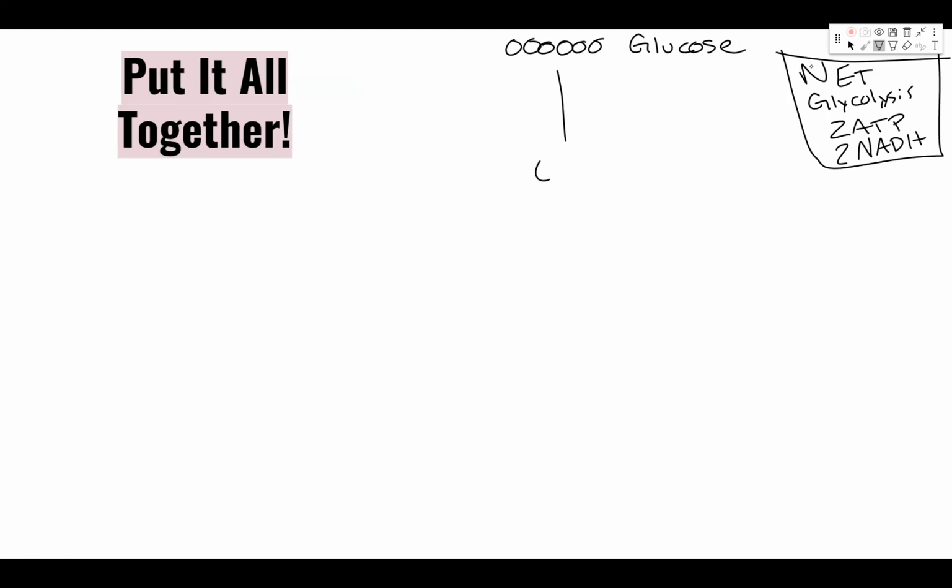So we get 2 3-carbon pyruvates. We're going to get 2 ATP and 2 NADHs. Now this is a very simplified version. Remember, because there's that energy investment phase and that energy harvest phase. We're just looking at our net processes. This happens in the cytosol.